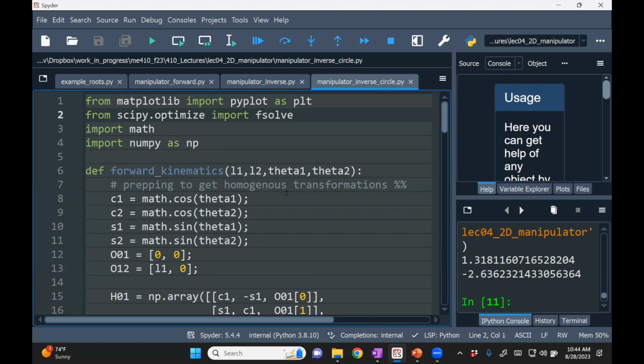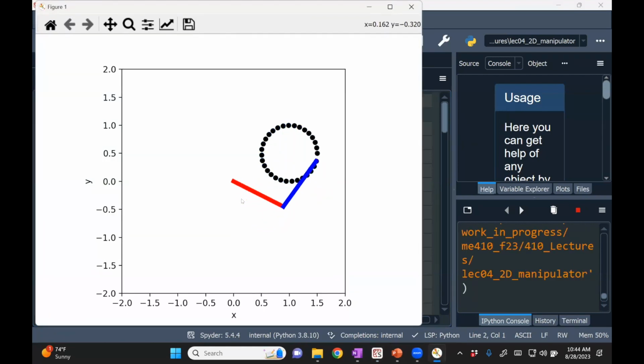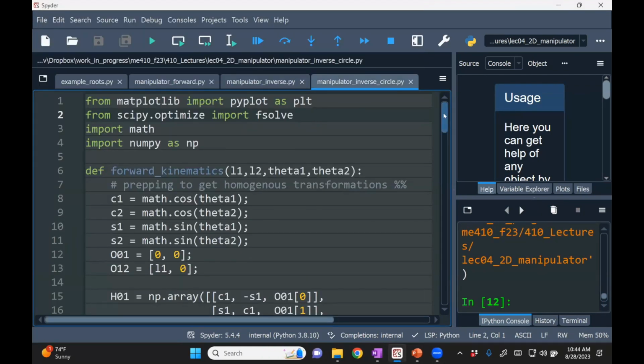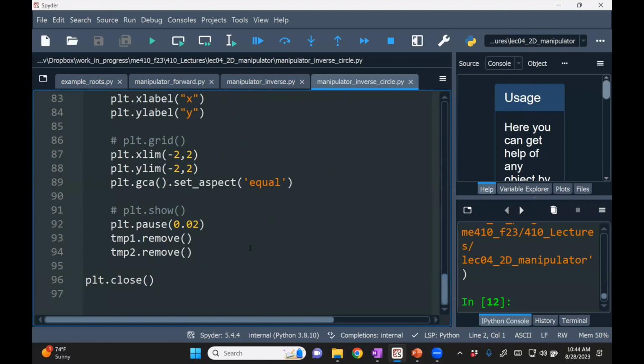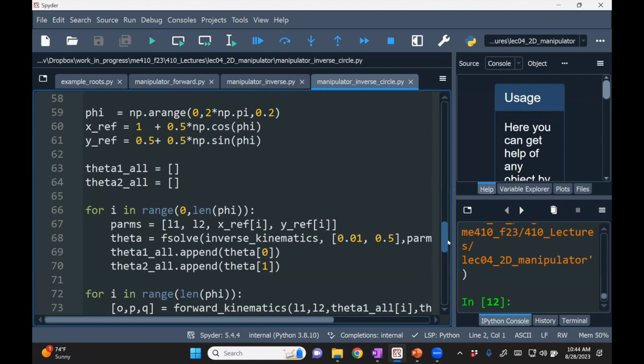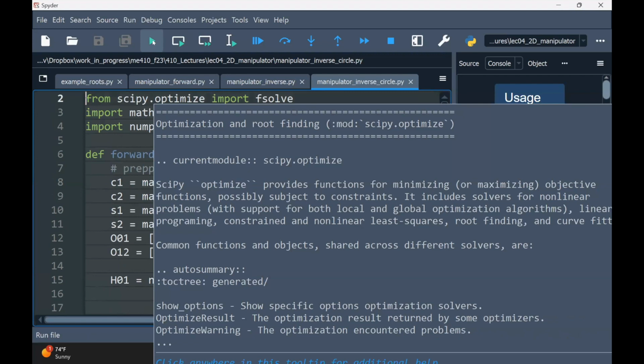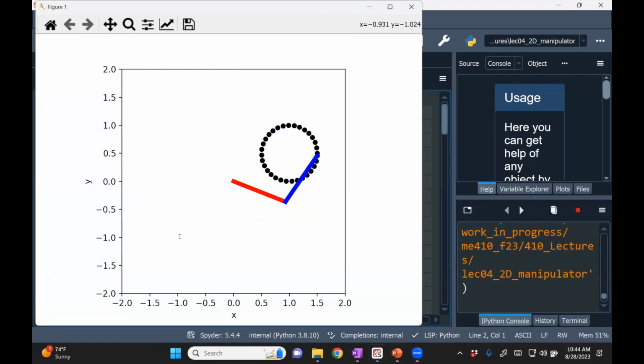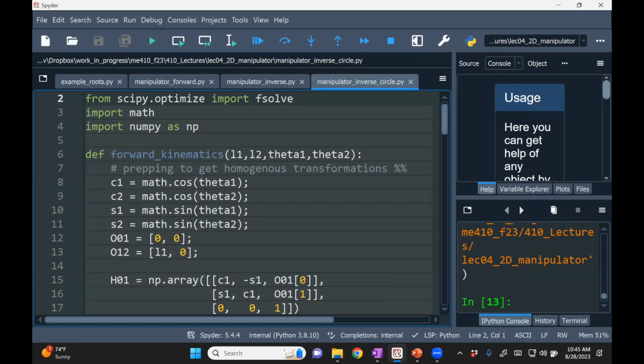This code takes the same thing for one point and extends it to multiple points. First I generate a circle and then make the manipulator draw the circle. That's no problem because it just takes the initial solution and goes with that. Let me play it again. Okay, so that's how you do inverse kinematics.